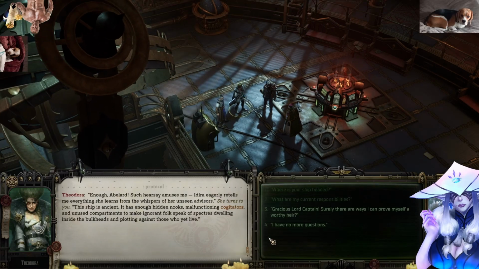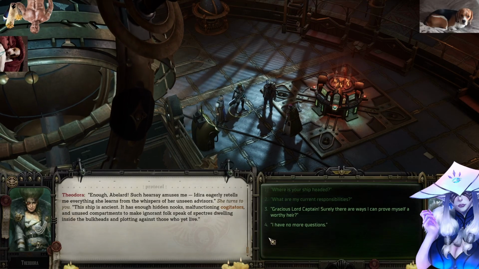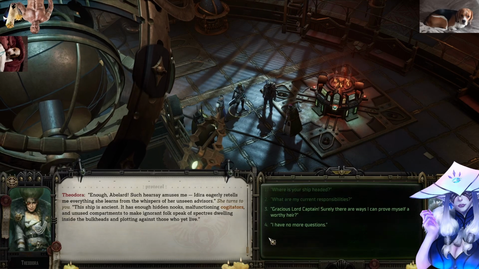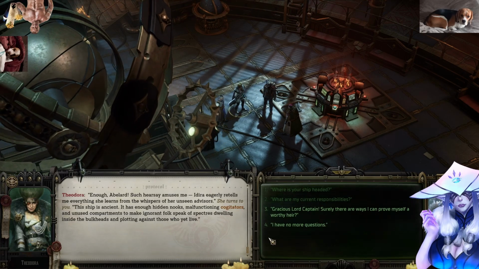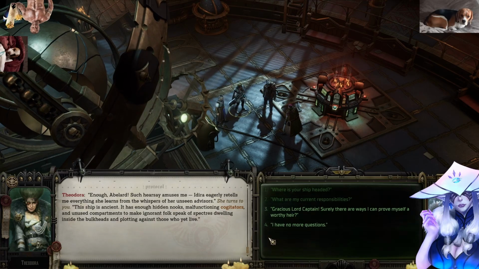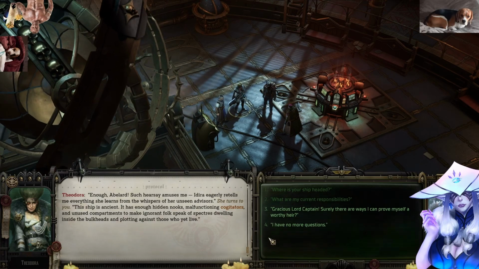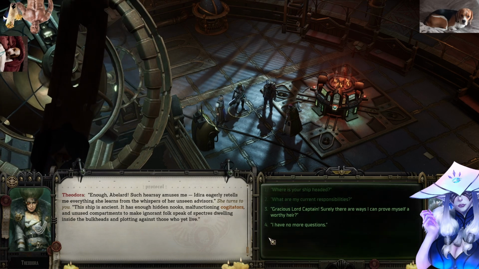Riffraff? Enough, Abelard. Such hearsay amuses me. Idira eagerly retells me everything she learns from the whispers of her unseen advisors. This ship is ancient. It has enough hidden nooks, malfunctioning cogitators, and unused compartments to make ignorant folks speak of specters dwelling inside the bulkheads and plotting against those who yet live.